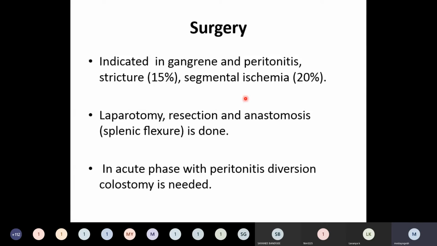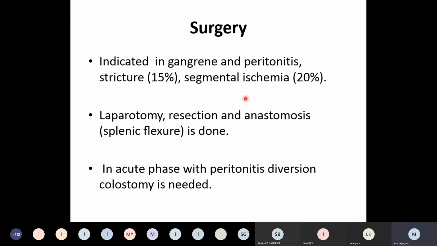The commonly performed surgery is laparotomy and resection of the part which is gangrenous or ischemic. Most commonly, the splenic flexure is involved, and the splenic flexure has to be resected, followed by anastomosis.